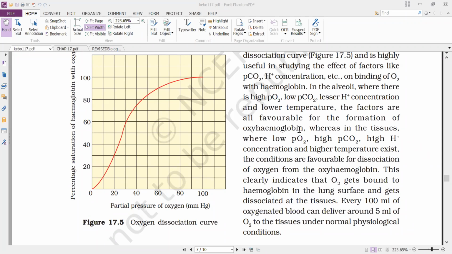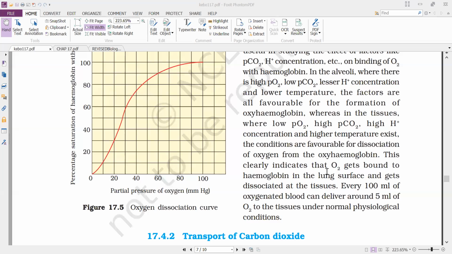The partial pressure of carbon dioxide is a little bit higher in the tissues when compared to the alveoli. That's why the hemoglobin binds with the carbon dioxide, resulting in dissociation of oxygen and hemoglobin, and oxygen is made available to the tissues, and the hemoglobin now binds with carbon dioxide, which is transported.